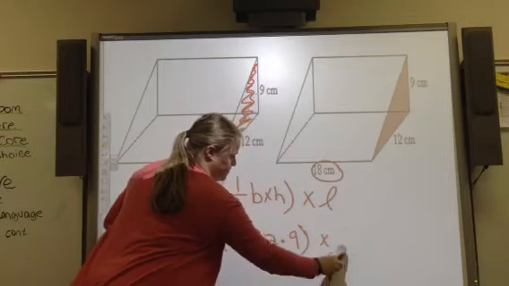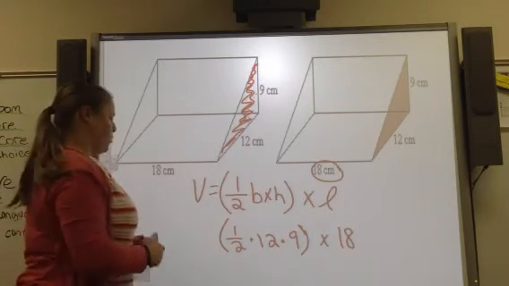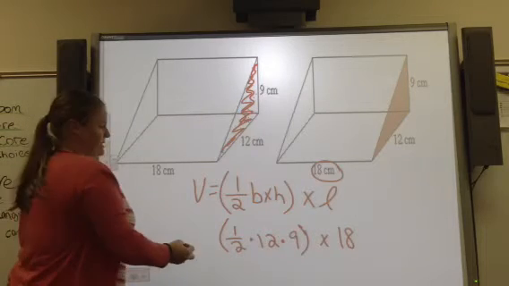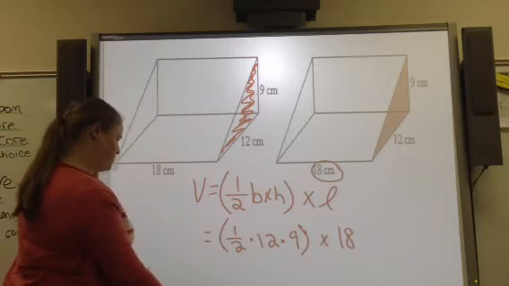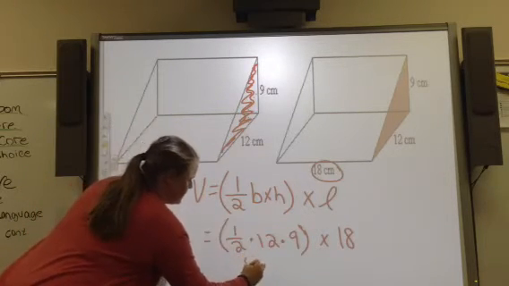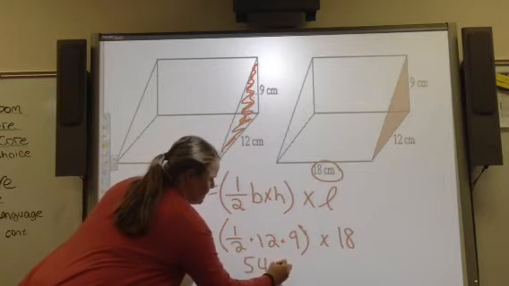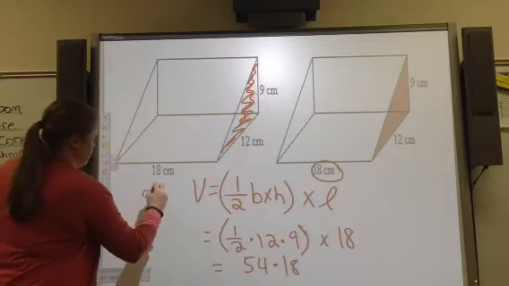So all of that together, 1/2 times 12 times 9 times 18 is going to equal, so 1/2 times 12 will be 6. 6 times 9 is 54, and then 54 times 18.